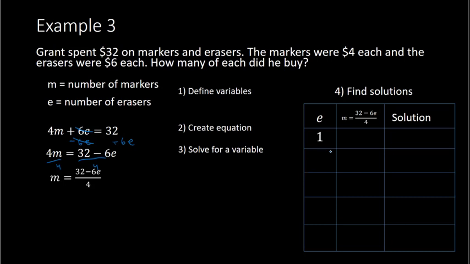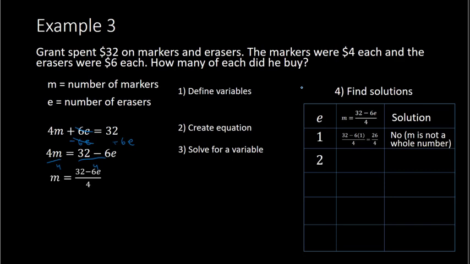Let's plug a 1 in. So now we have m equals 32 minus 6 times 1 over 4. That would give me 26 over 4, which is not a whole number. The m, our markers, also needs to be a whole number because we cannot buy a fraction of a marker. So this is not a solution because m is not a whole number when I plug a 1 in.